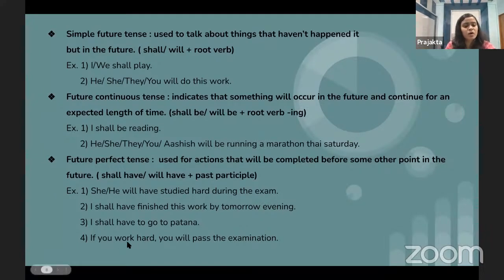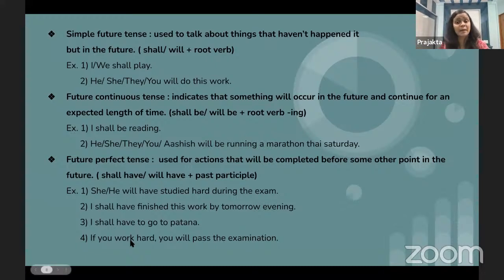If you have worked hard, you will pass the examination. So if you work hard, you will pass the examination. Whenever the word if comes at the beginning of the sentence, we never use helping verbs after it. अगर future के बारे में हम दो events जोड़ रहे हैं और if word use कर रहे हैं, तो if के बाद कोई भी helping verb हम use नहीं करते हैं.